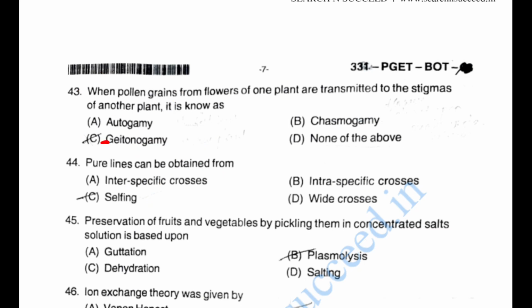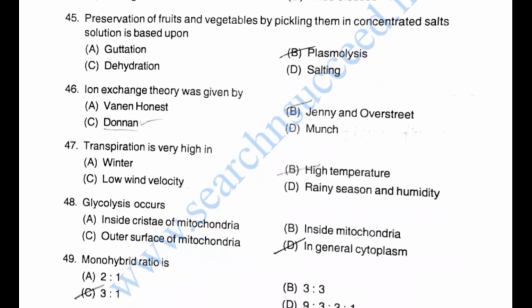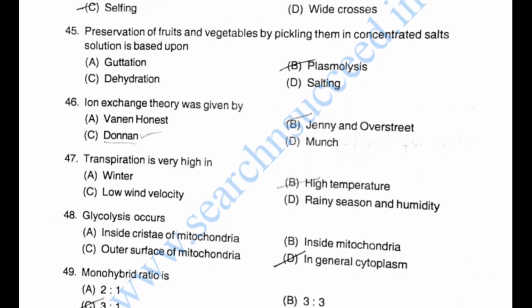Pure line selection. Pure line can be obtained from, what answer is correct? That is selfing. From the selfing we get pure line. Next is preservation of fruits and vegetables by pickling them in concentrated salt solution is based upon what?